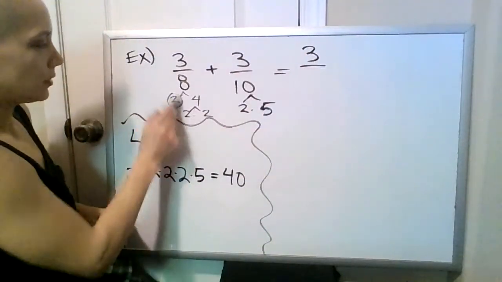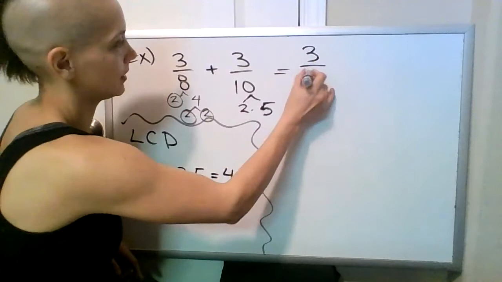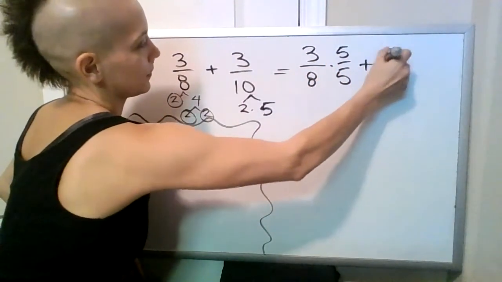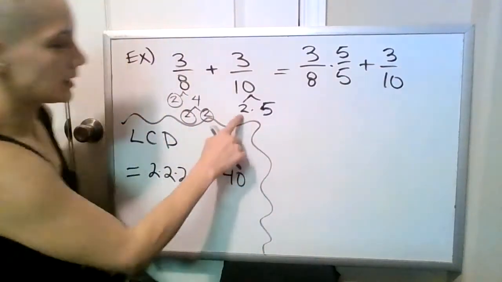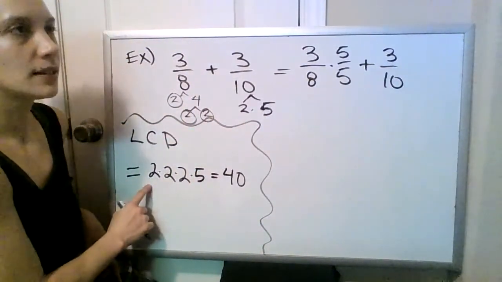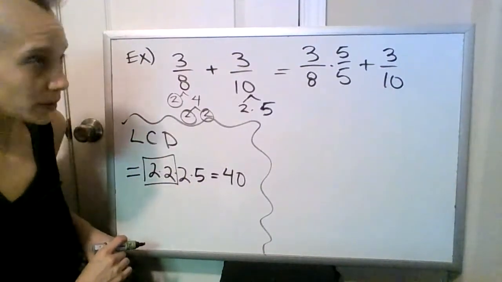So we have 2 and 2 and 2, so you need the 5 that's missing. Ten has the factors 2 and 5, so you need to multiply by those missing factors of 2. So times 4 over 4.